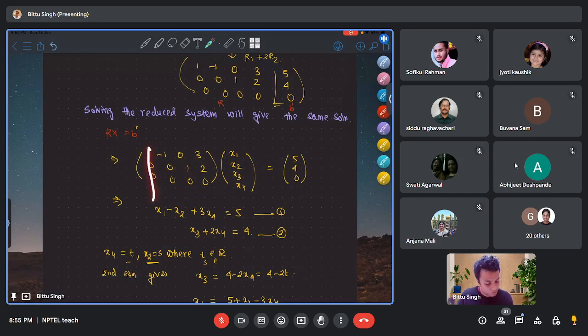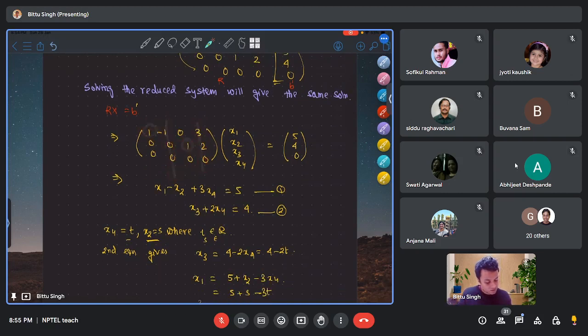The first column contains a pivot which is 1, and the third column also contains a pivot which is 1. But you note that the fourth and second columns are free, because there are no pivot elements, no leading term in the second and fourth columns. That's why we set the second and fourth column to be any real number.